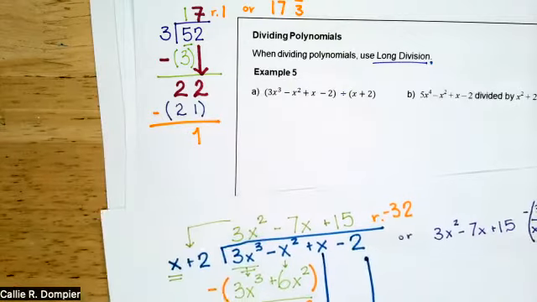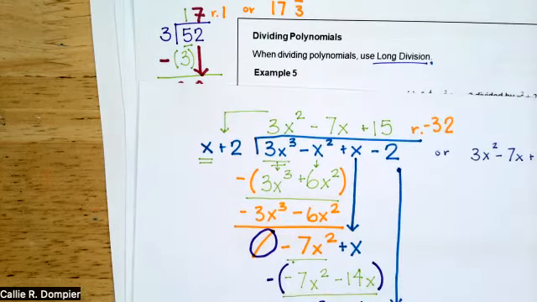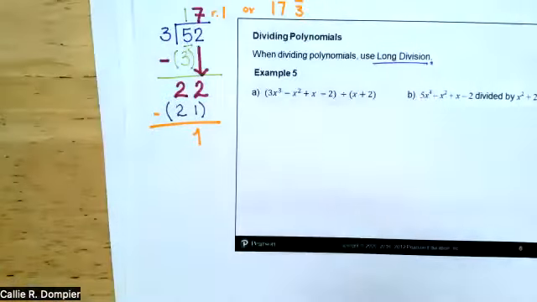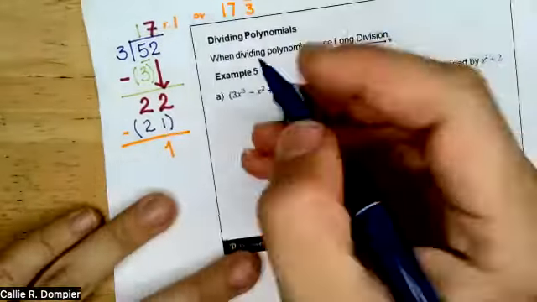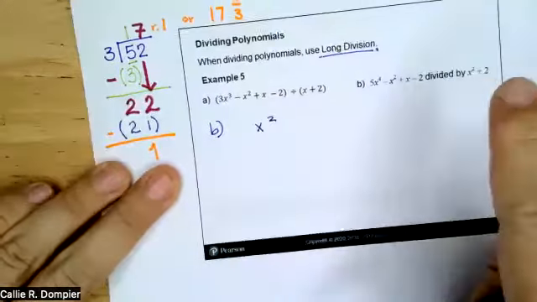I'm going to try the last one. Last one is 5x to the fourth minus x squared plus x minus 2 divided by x squared plus 2. All right. Oh, 4 minutes. So we have x squared.